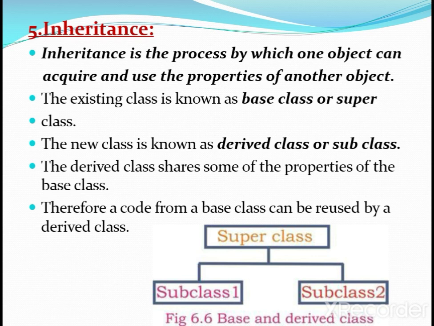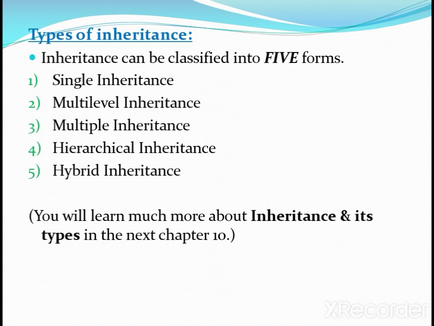Here, father is a base class and son is a derived class derived from the base class father. So the derived class shares some of the properties of the base class. Therefore, code from a base class can be reused by a derived class.